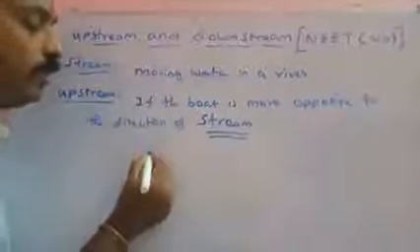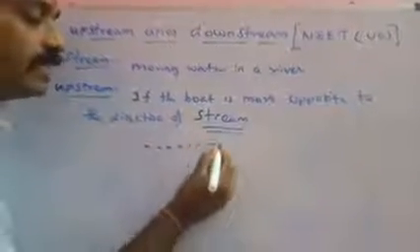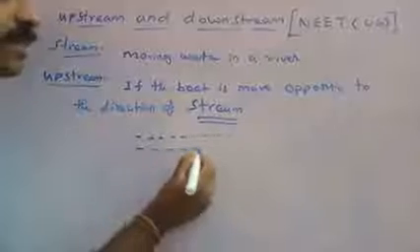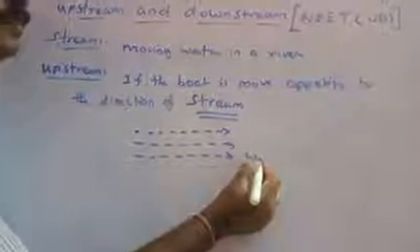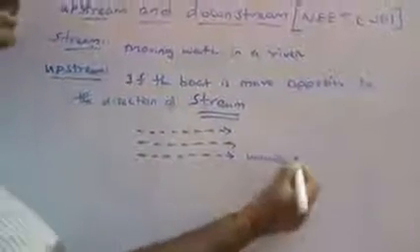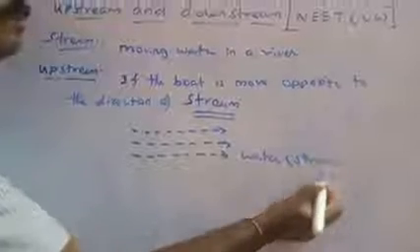Suppose the water is moving in this direction. This is the direction of water movement in a river, named as the stream.